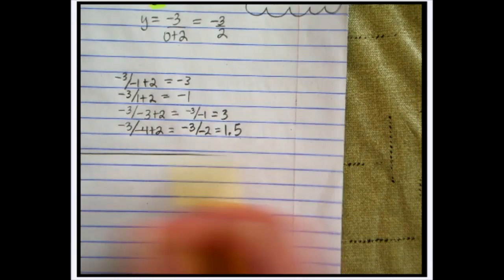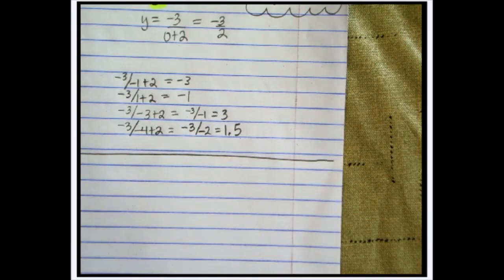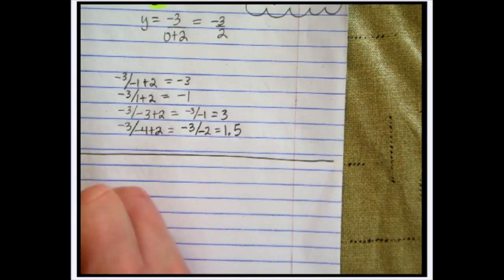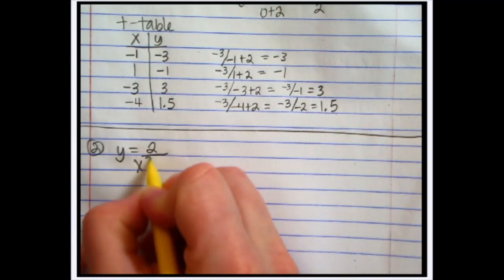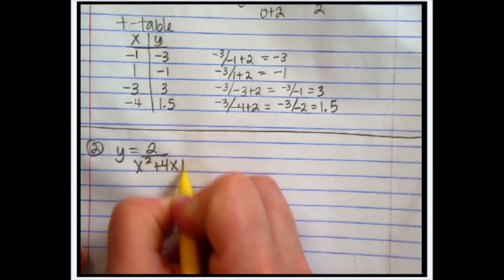And so for the second one, okay, give me just a second. Okay. So we have y equals 2 over x squared plus 4x plus 4.